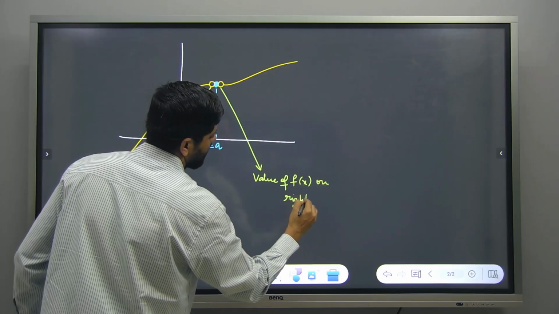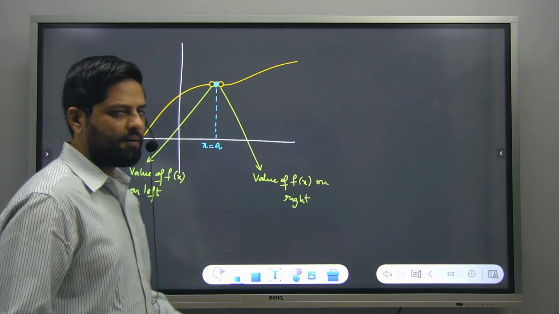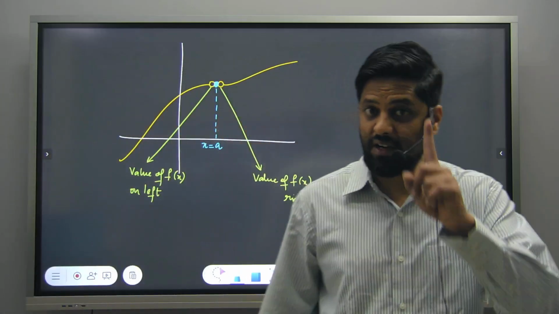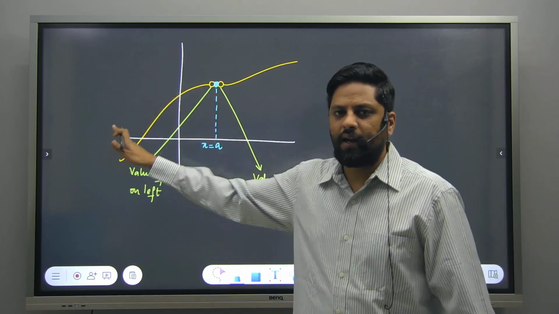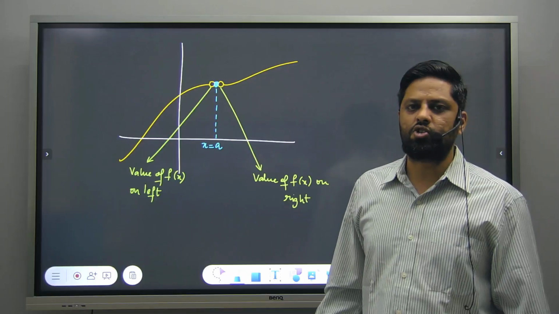We need to check if these two are same. It's very important they should be same.